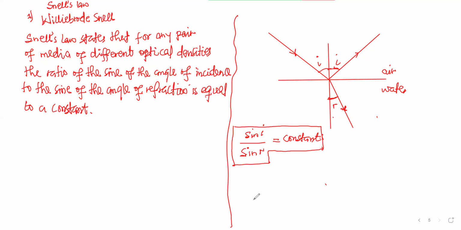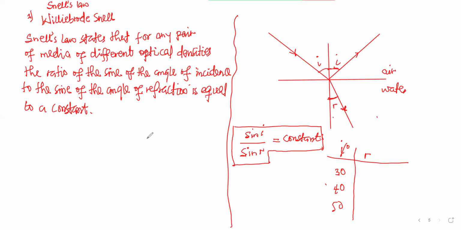What it therefore means is that so long as the two media are not varied, whenever you vary the angle of incidence, 30 degrees, 40, 50, all this will give you a certain value of R, okay?